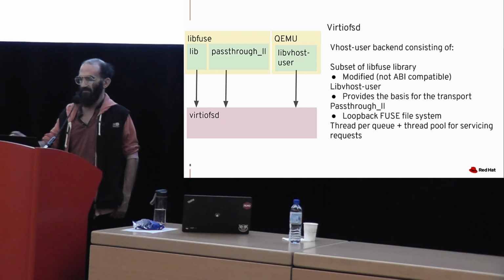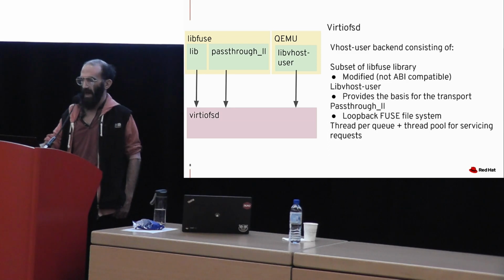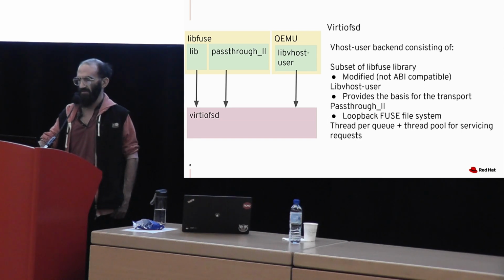And libvhostuser does all the setup and the handling of the protocol over a socket which does the vhost setup. The libfuse library is not ABI compatible with the existing libfuse because we've had to go in and wire in the different transport. And we've modified the backend file system to add some threading as well.